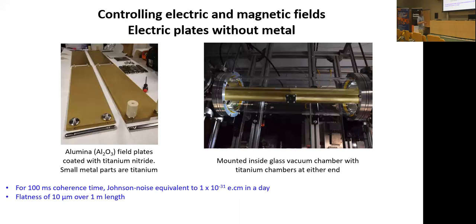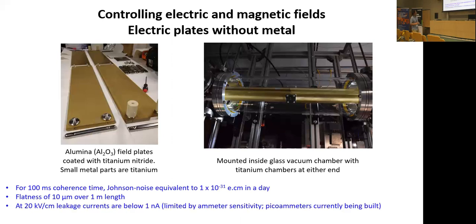Also, the plates should be flat because we want to apply the electric field uniformly, and the flatness of the plates is also fine. We tested this pair of plates at up to 20 kilovolt per centimeter, and we didn't observe any electric discharge, which is good.